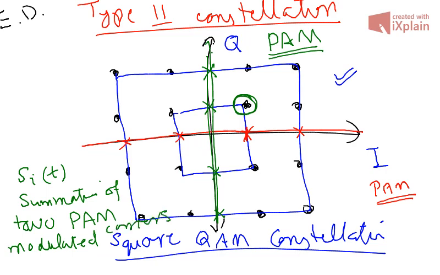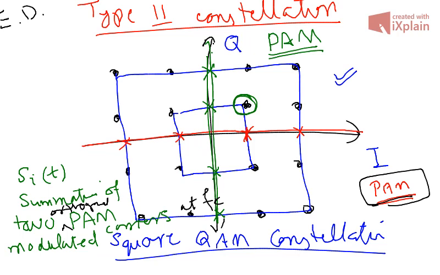Two orthogonal PAM modulated carriers at fc, the same frequency. So sine of 2 pi fc, cos of 2 pi fc, and both are just PAM modulated carriers. So it's a superposition of two PAM modulated carriers.